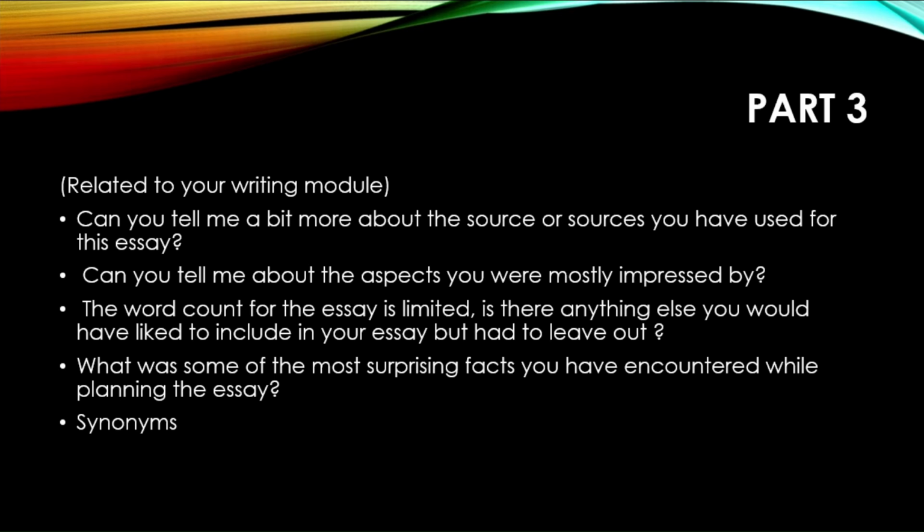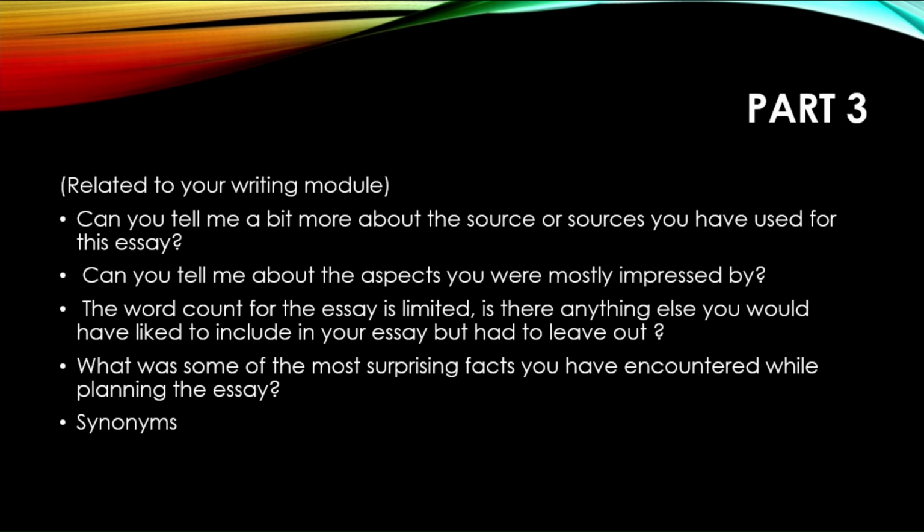As far as part number 3 is concerned, it is related to the writing task that you performed in the LRW. They'll ask you general questions about that part. For example, they can ask you to tell about the source or sources you used for this essay, what aspects impressed you the most, and what surprising facts you encountered while planning the essay.